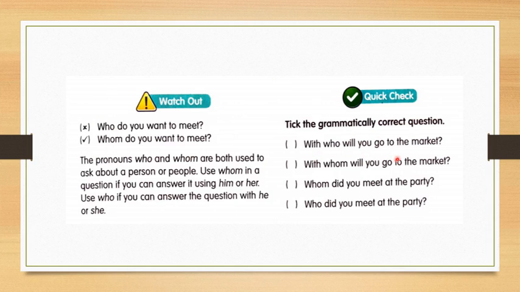With who will you go to the market? With whom will you go to the market? Whom did you meet at the party? Who did you meet at the party? So here whom and with whom both are the correct ones. I hope you have understood this as well.